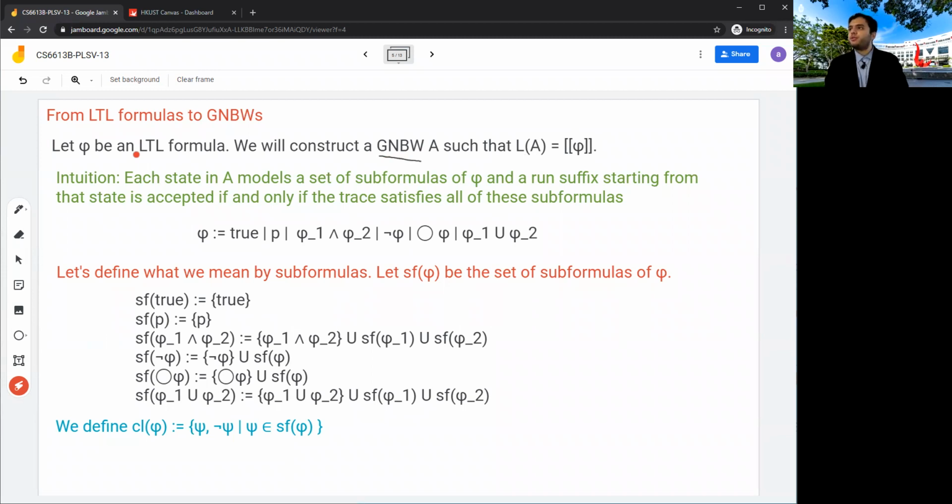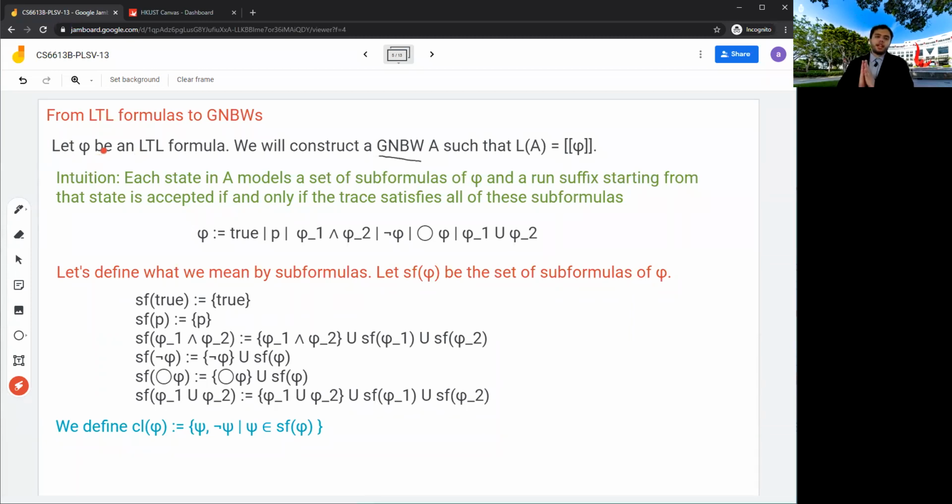Now, what I want to do is basically keep track of which subformulas are satisfied at every suffix of my input. So let's say I have some input, which is an infinite word, and every letter of this word is a set of atomic propositions. If I look at the whole string, then the formula phi holds.